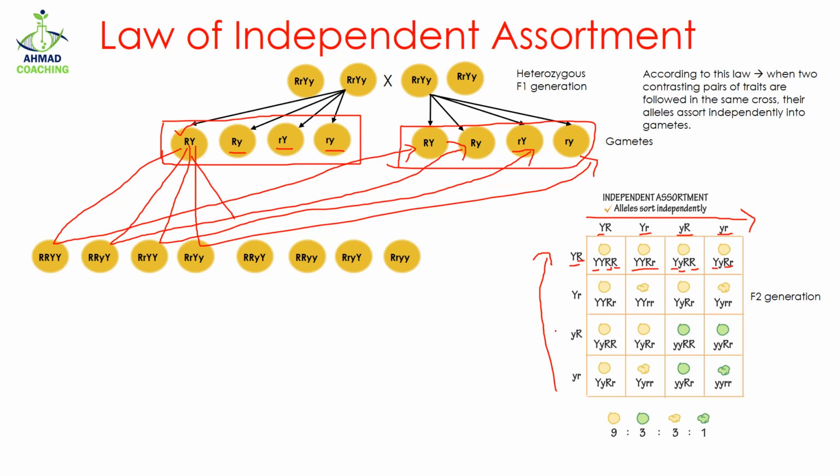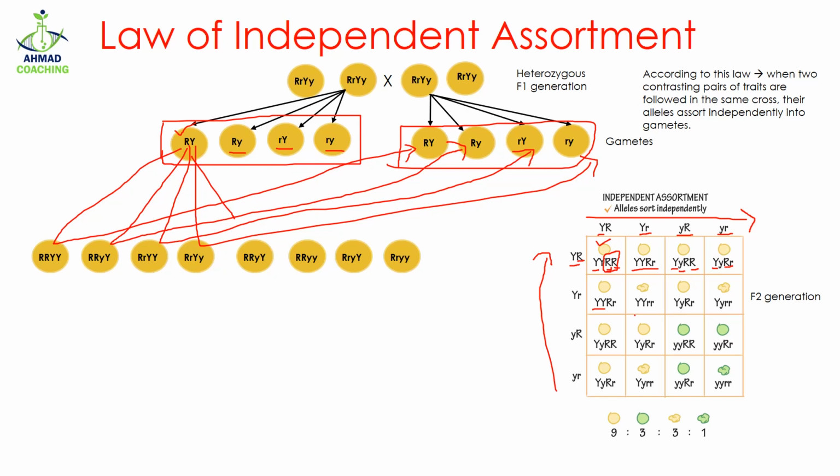Now, according to the genotype, we can see that whenever there is a capital letter, it means it is dominant, and whenever there is homozygous recessive, it means it is recessive. So we can see that capital R means the seed is going to be round, and capital Y means the seed is going to be yellow.